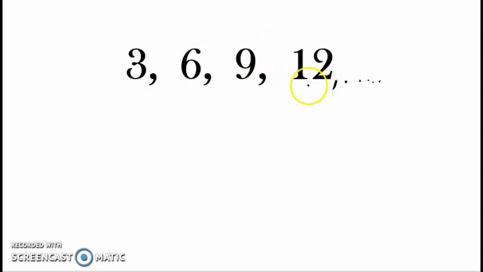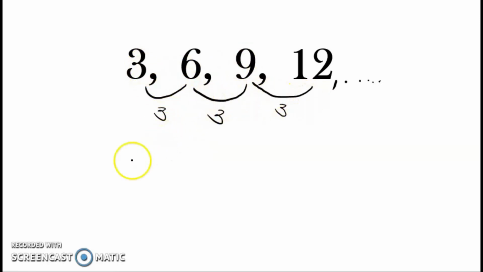Let's try to find the common difference. 12 minus 9 is 3, 9 minus 6 is 3, and then 6 minus 3 is 3. Okay, so 3. So kung titignan pa rin natin, para lang tayong gumawa ng multiples, di ba? So parang 3, 6, 9, 12, so ano susunod? 15, 18, so yun lang.